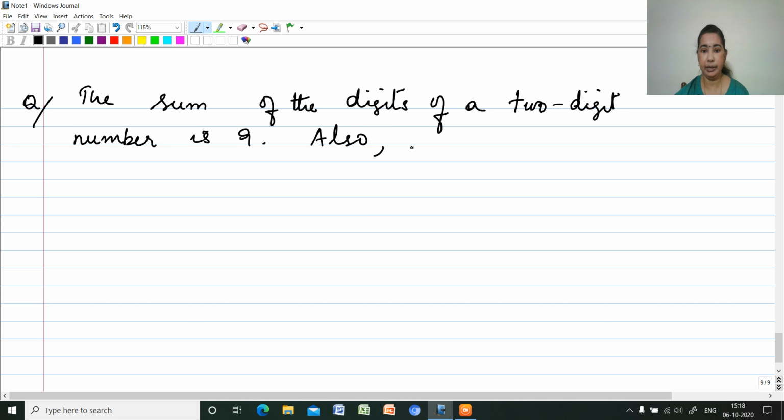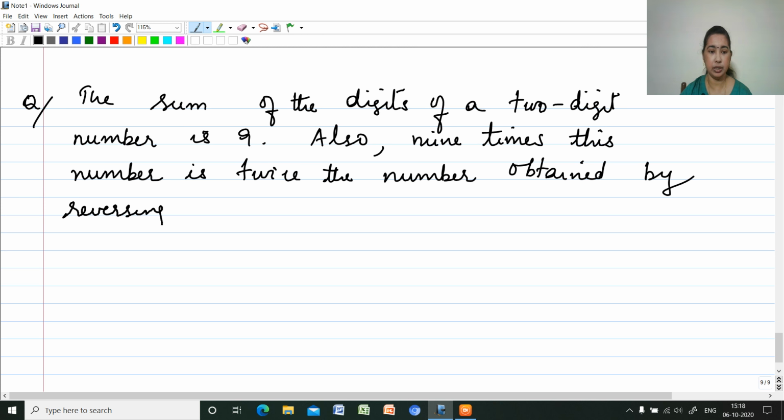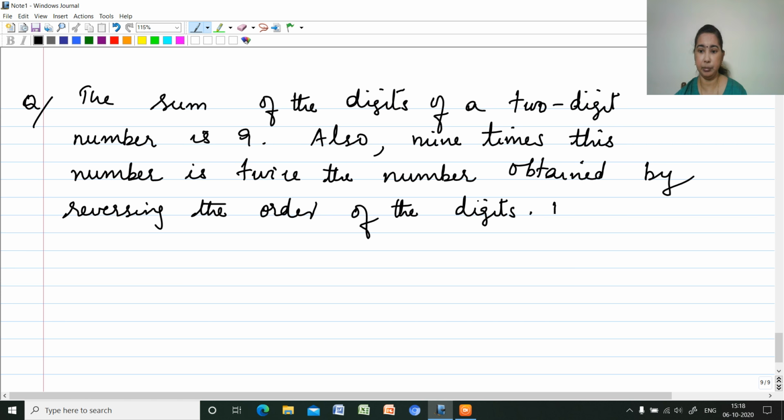Also 9 times this number is twice the number obtained by reversing the order of the digits. Find the number.